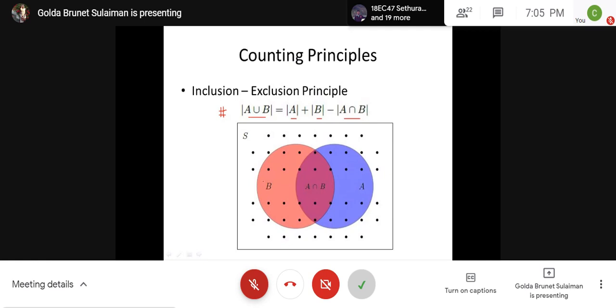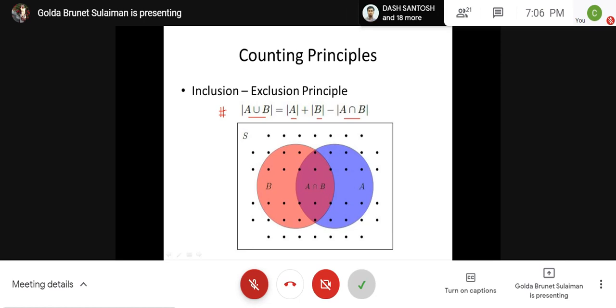That will include the points here as well. So basically 4 plus 4, 8 points in the intersection will also be counted as members of A, the blue circle.